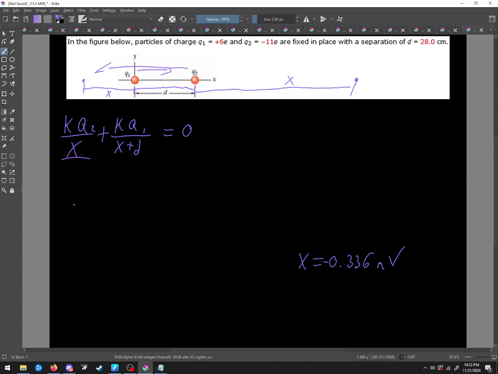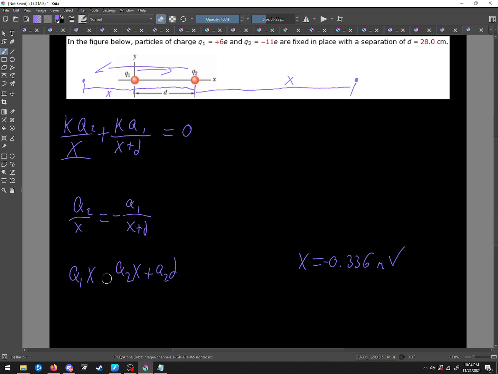So now, again, what we can say is that Q2 over x equals a negative Q1 over x plus d. Cross multiplying, Q1x equals Q2x plus Q2d.